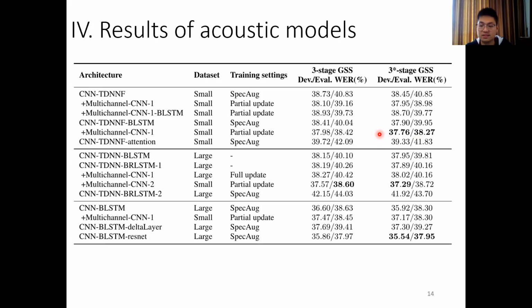The 3-stage GSS usually outperformed the 2-stage GSS. In our experiment, our best model was the CNN-BLSTM ResNet, which used residual connections and more convolutional layers. But unfortunately, we didn't have time to train a multi-channel version of this net. So in the competition, this is our best performance so far.